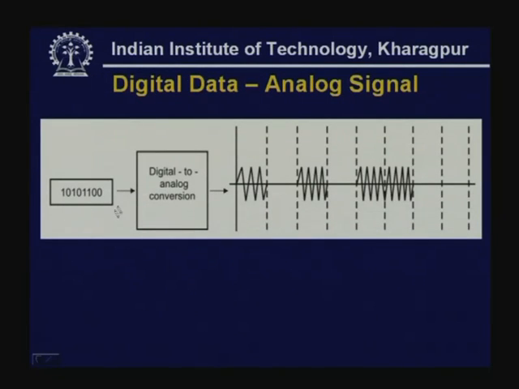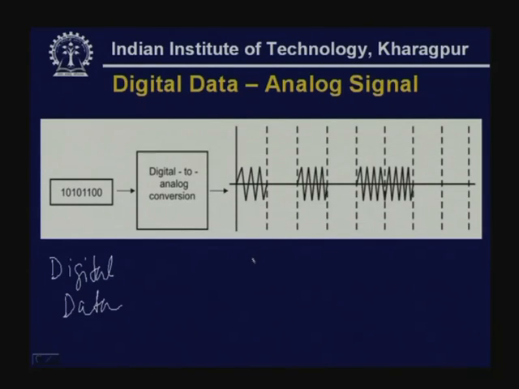So, here we see we have got the digital data in terms of ones and zeros, which is converted into some signal. Then we get the analog signal. So, you see here, according to this data, modulation has been done to get analog signal.